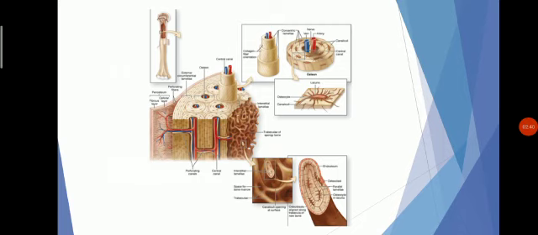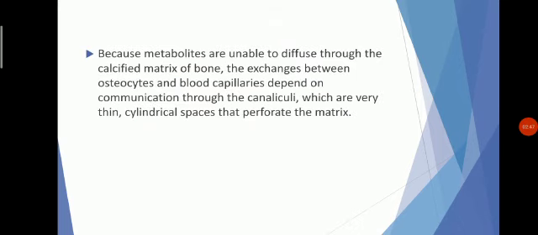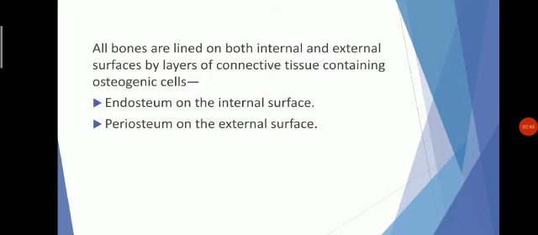From the periosteum, blood goes to these canals to the endosteum. All bones are lined on both internal and external surfaces by layers of connective tissue containing osteogenic cells. Endosteum is the lining on the internal surface and periosteum is the lining on the external surface.